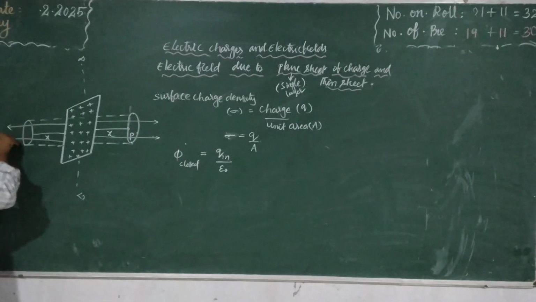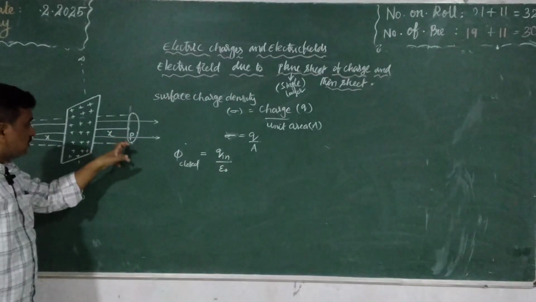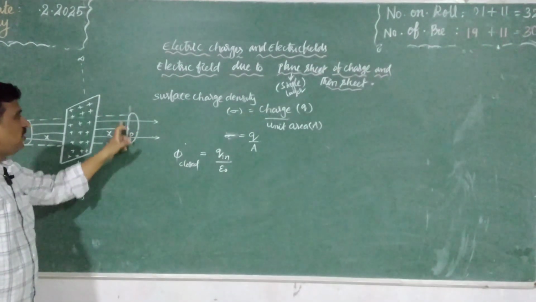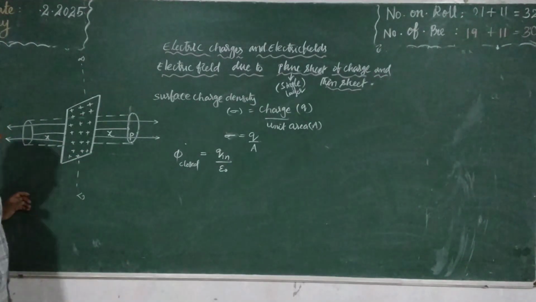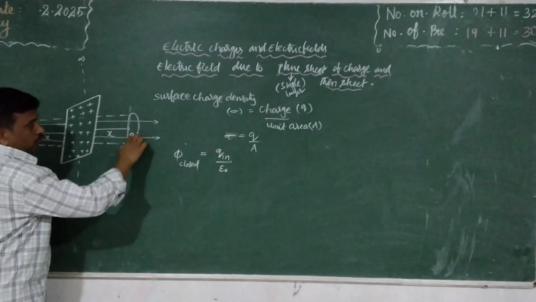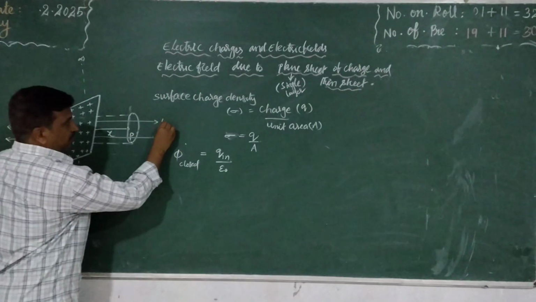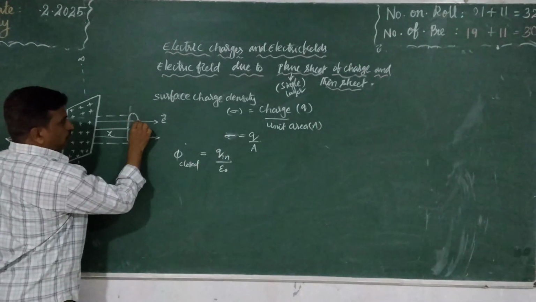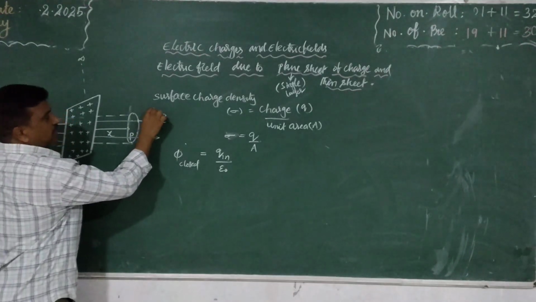In this Gaussian surface, the electric field at this point, this point, every point is the same, equal, constant. In the same way, theta is the angle between the electric field and the area vector dA; we can select a point here, and this is the area vector.